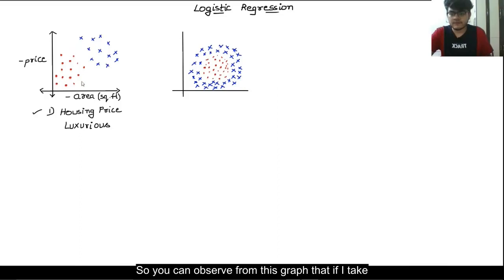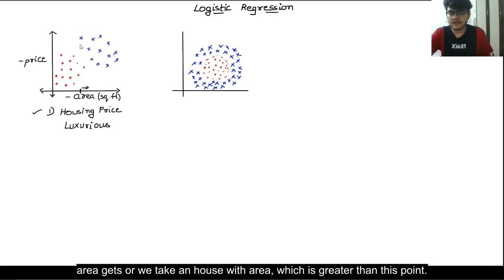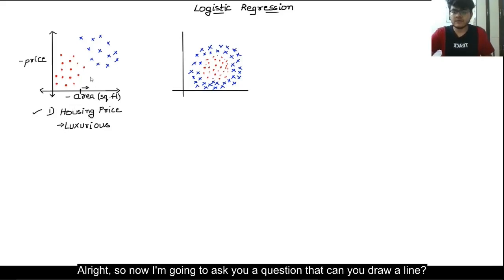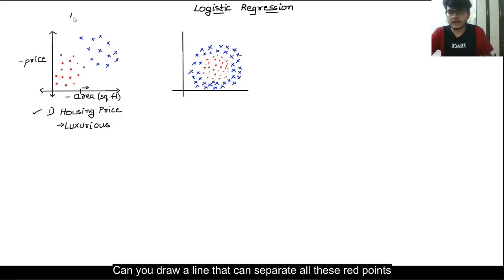You can observe from this graph that if I take the area somewhere around here, then for a house with area greater than this point, most of the houses are actually luxurious. Now I'm going to ask you a question: can you draw a line that can separate all these red points from all these blue points?